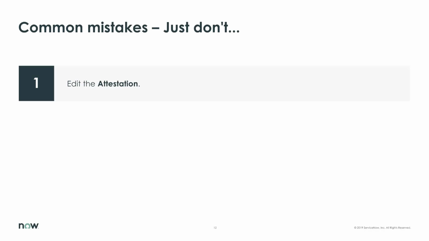So they modify the attestation. I would suggest don't change it, right? Use the attestation as designed to just validate that the control has been implemented, and then you can use those indicators, right, to do the ongoing maintenance and testing of such.